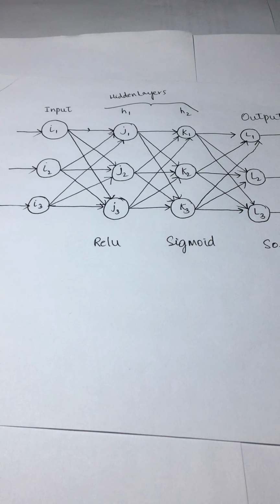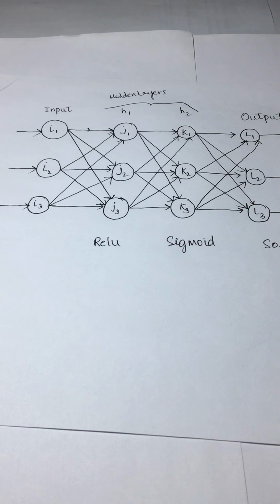One more requirement for activation functions is that they should be differentiable, right? One of the main reasons is that, as we discussed previously, in any neural network you have two stages: your forward pass, and your back propagation or backward pass. In back propagation you take the derivative with respect to your weights.